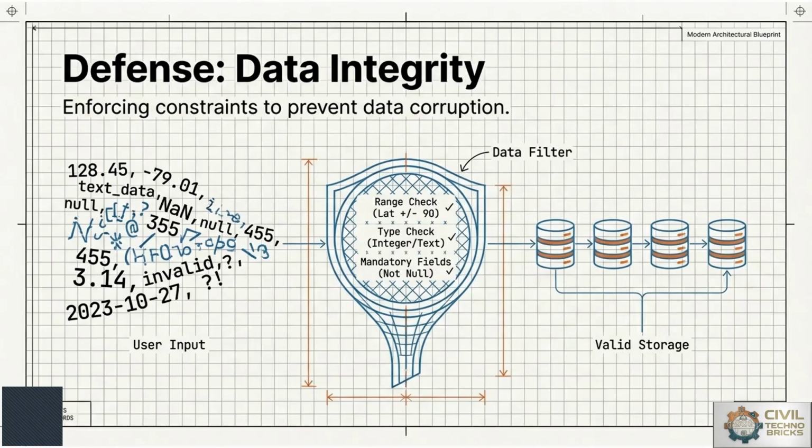Range checks, type checks, and mandatory field validation remove invalid and incomplete records. In GIS applications, this prevents errors in coordinates, spatial attributes, and survey data. Such validation improves the accuracy of mapping and spatial analysis. So data integrity is important for infrastructural planning, land surveying, flood mapping, and environmental monitoring, as we have valid storage based on enforcing constraints.